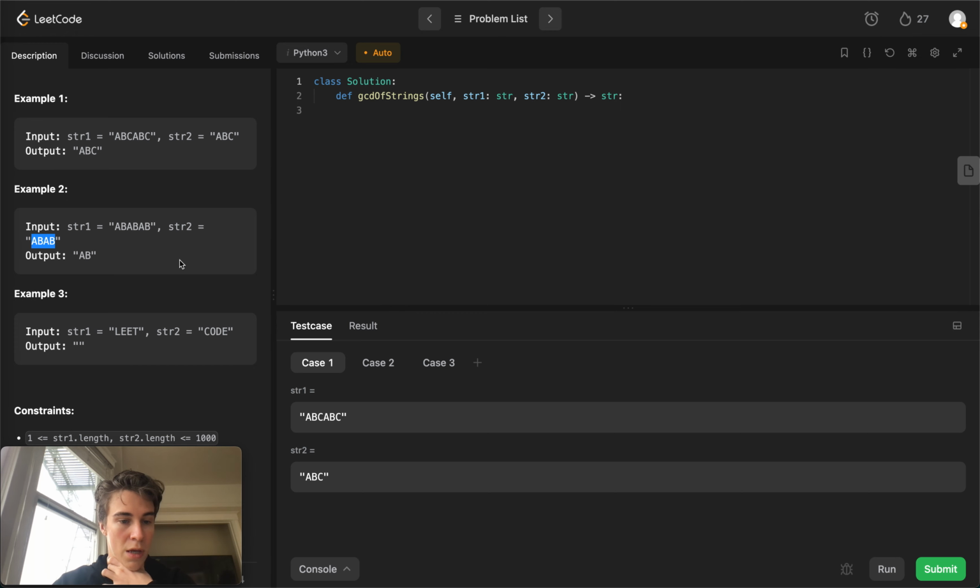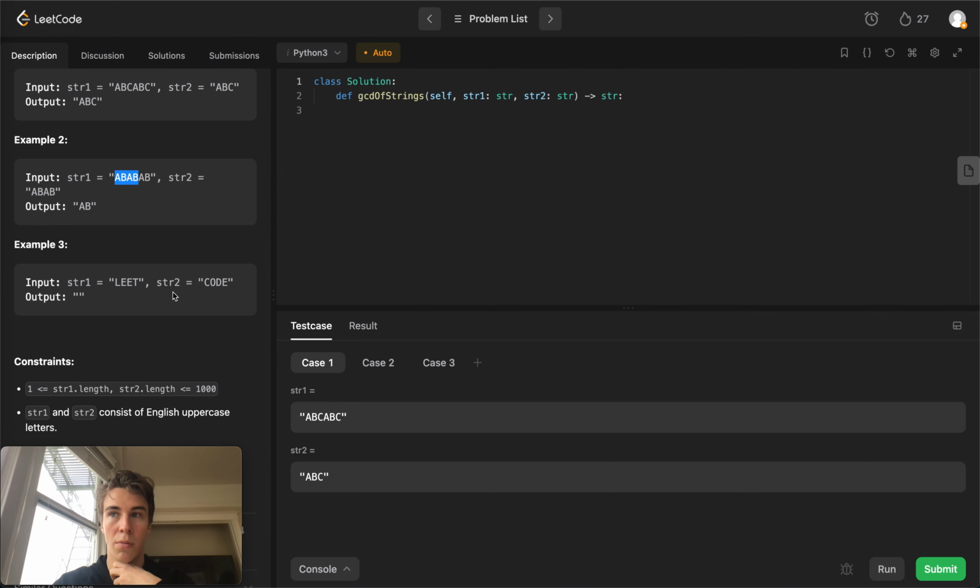I wonder if we can somehow modify the Euclidean algorithm to... okay, for those of you who don't know, the Euclidean algorithm is a clever way to find the greatest common divisor of strings, or sorry, of numbers. Let me show you how it's defined.